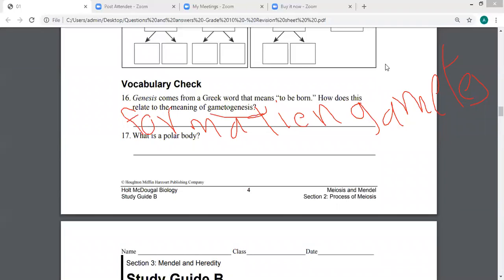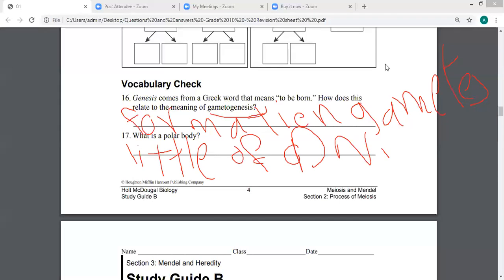We explained it. The polar body carries a little amount of DNA, and they are broken down. Good. You can check figure 2.4 for more details.